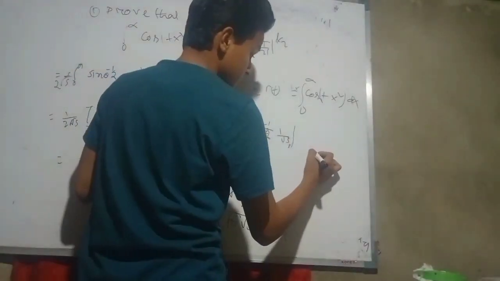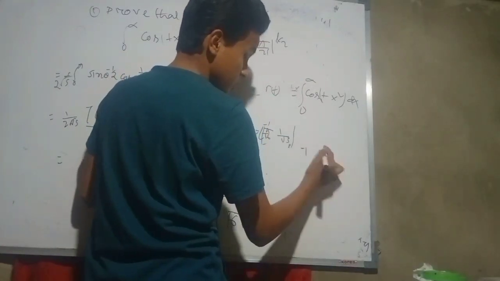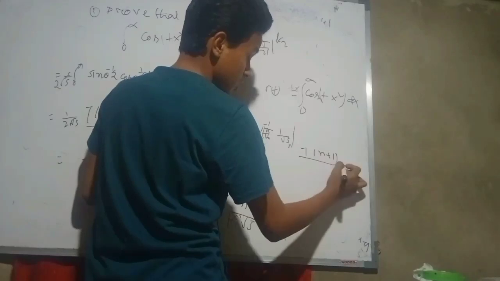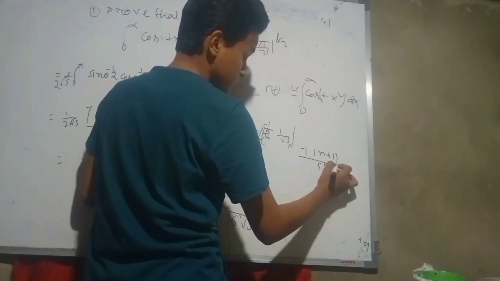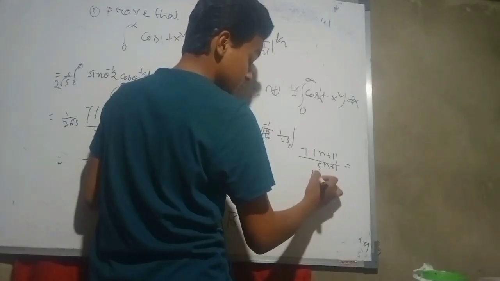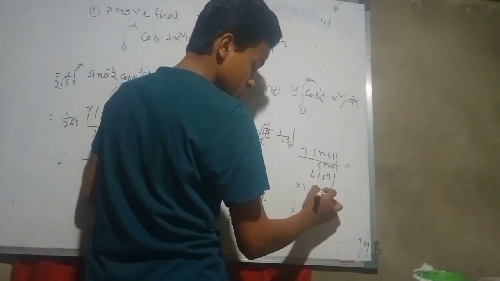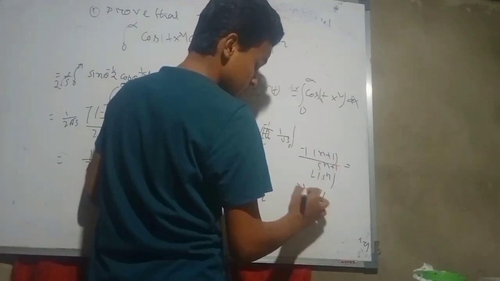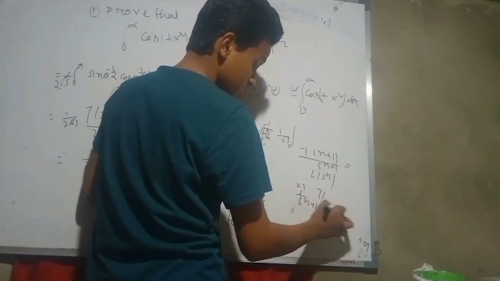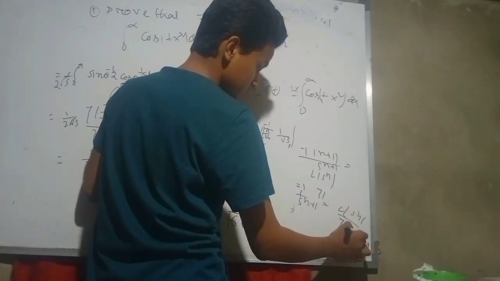We know that the Laplace transform of t to the n is gamma n plus 1 upon s to the n plus 1. Since here it is n plus 1, that obviously gives us gamma. So the Laplace transform of t to the n upon gamma n plus 1 is what we get.